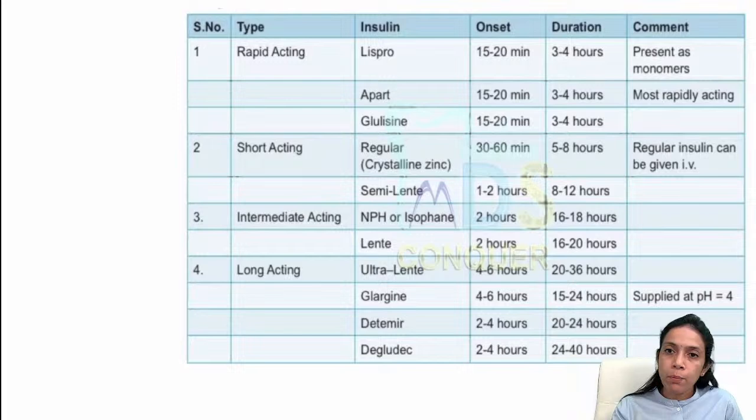So again, from your exam point of view, these insulin classifications are very important. So do note it down, the duration, the onset, all the points that are given in this table are very important. So just don't ignore it, have a glance and revise this table as well. Yes, very good students, you are absolutely right.